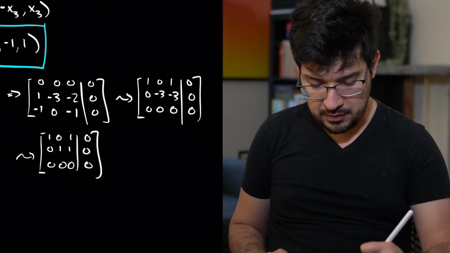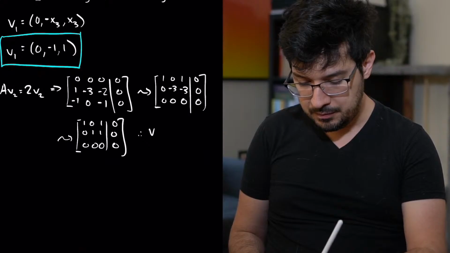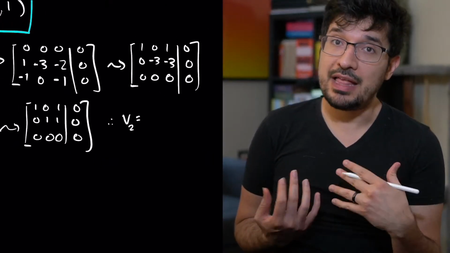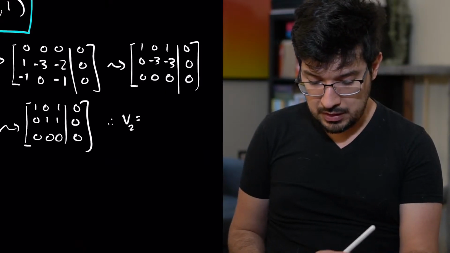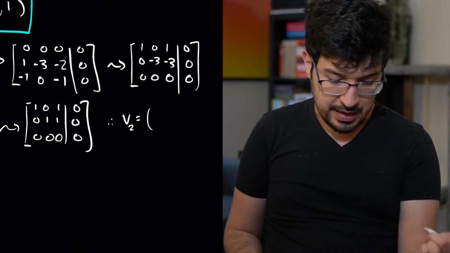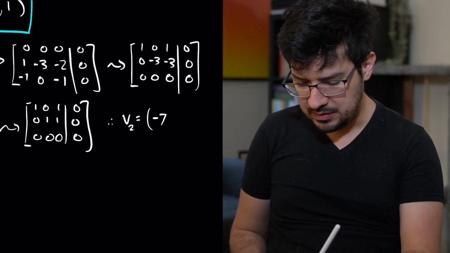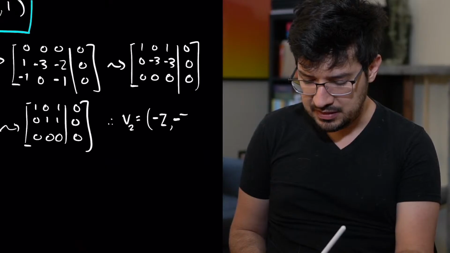So therefore, our eigenvector corresponding to eigenvalue 2 is equal to x is -z. I'll use z. Y also equals -z.